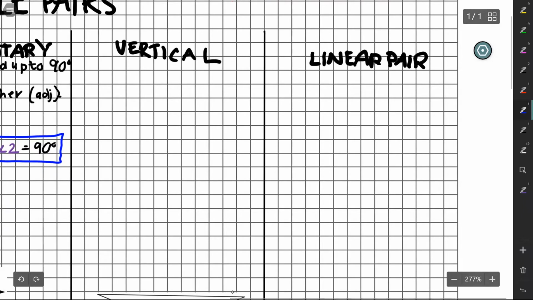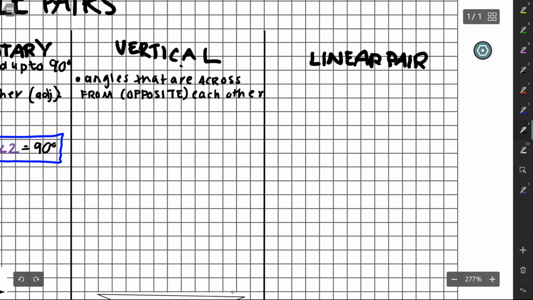Alright, next one we're going to talk about is vertical angles. So vertical angles are angles that are across from each other. Angles that are across from or opposite each other.